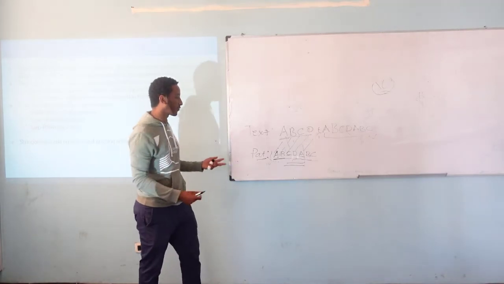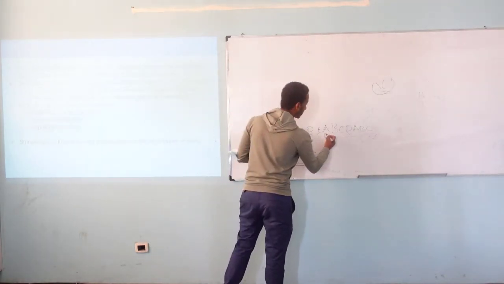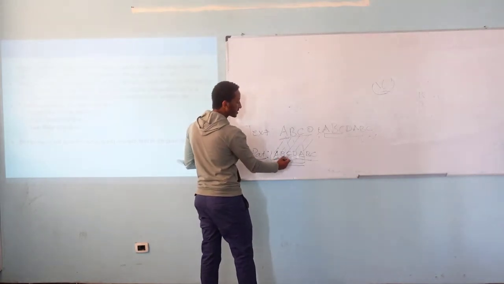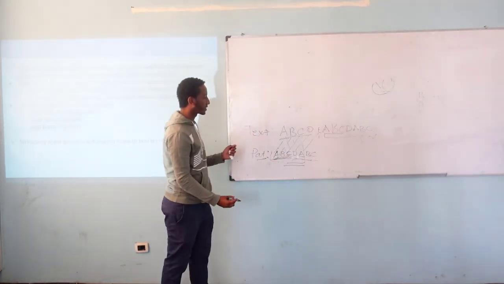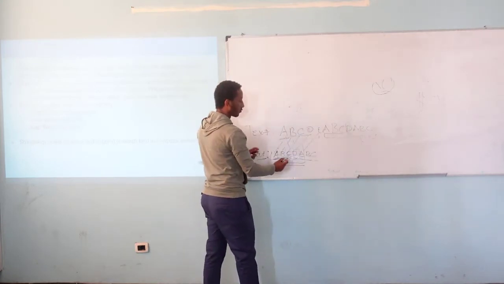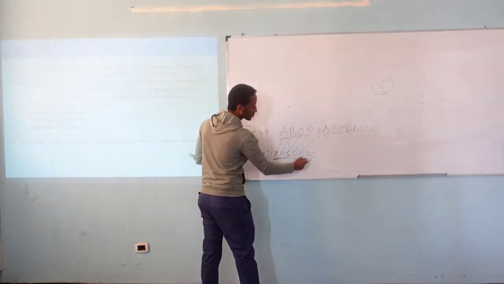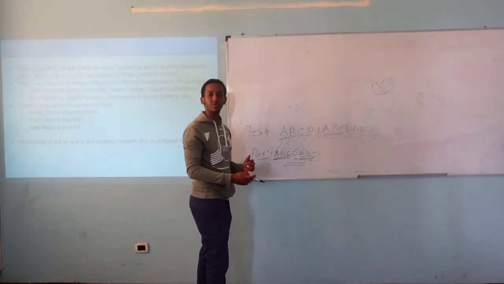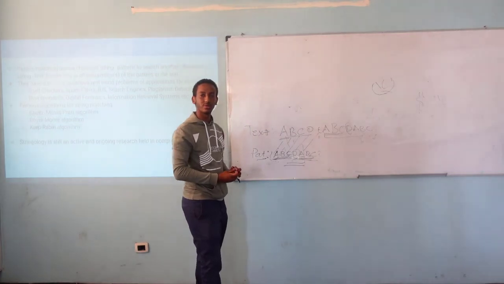For example, when we consider this one and this one, if this matches and this doesn't match, the next one doesn't match, we could just say this one would match and we'll try to compare the next one. Do you get the point? No? Okay.